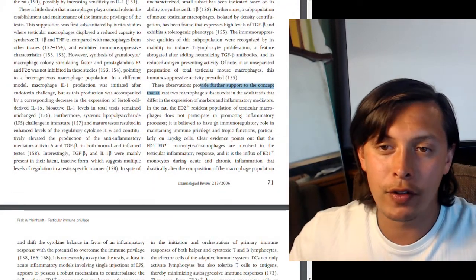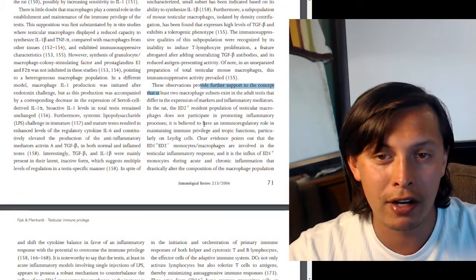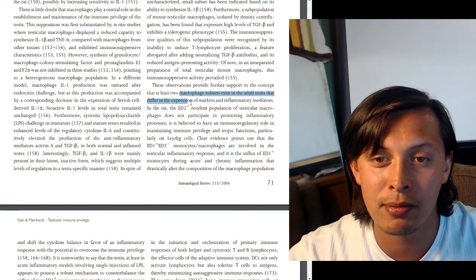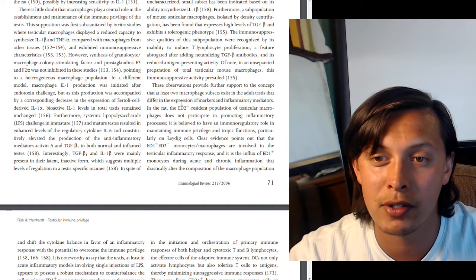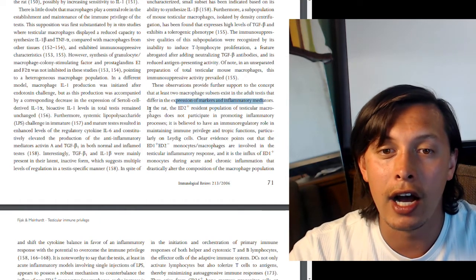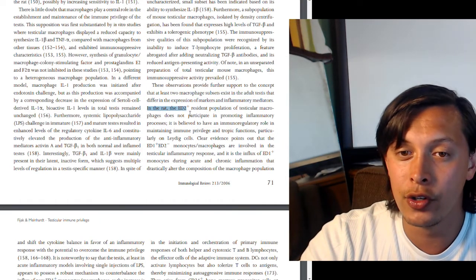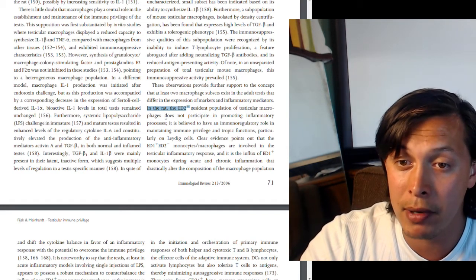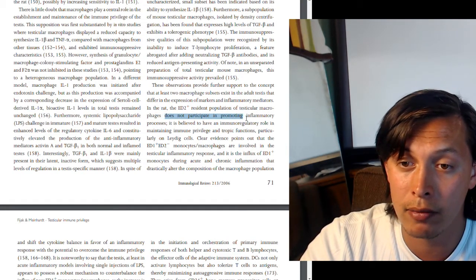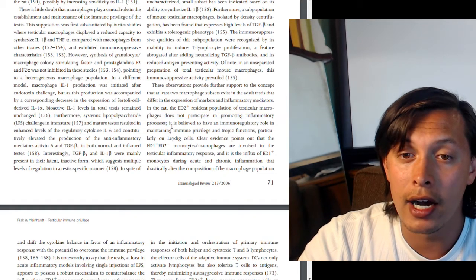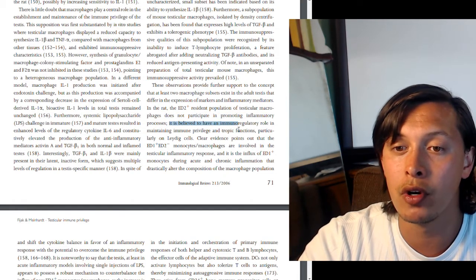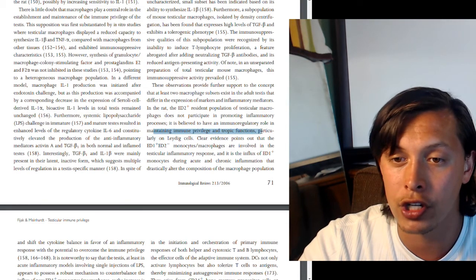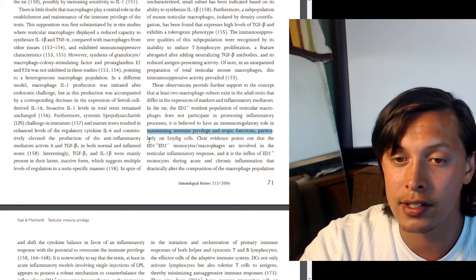These observations provide further support to the concept that at least two macrophage subsets exist in the adult testes that differ in the expression of markers and inflammatory mediators. In the rat, the ED2 positive resident population of testicular macrophages does not participate in promoting inflammatory processes. It is believed to have an immunoregulatory role in maintaining immune privilege and trophic function, particularly on Leydig cells.